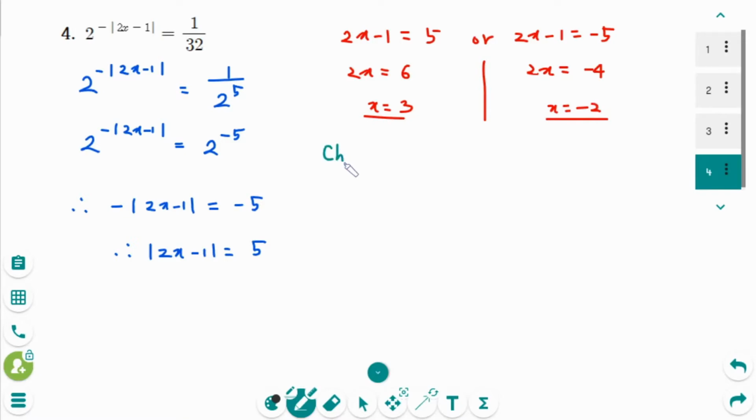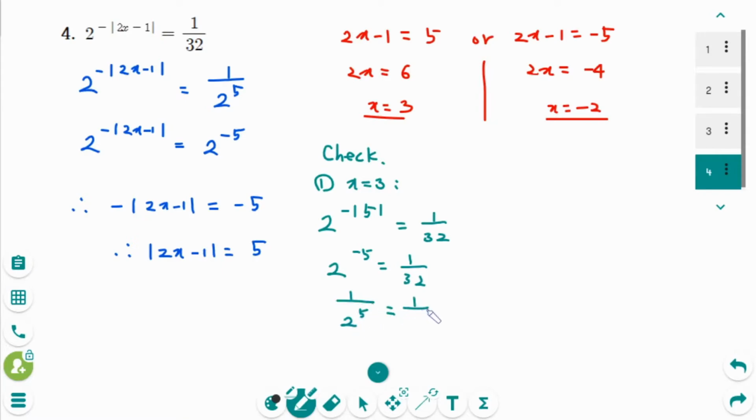Then we have to check. If x equals 3, back to the original, 2 to the power of minus absolute value of 2 times 3 minus 1, which is 5, equals 1 over 32. 2 to the power of minus 5 equals 1 over 32. 1 over 2 to the power of 5 equals 1 over 32, correct.